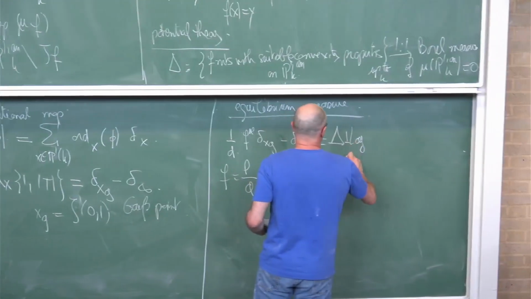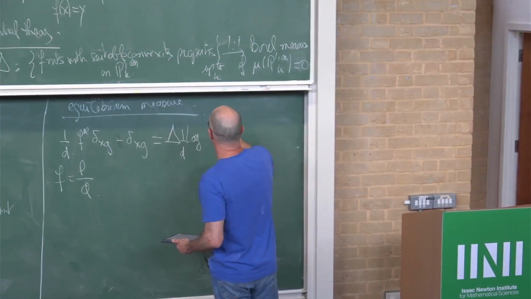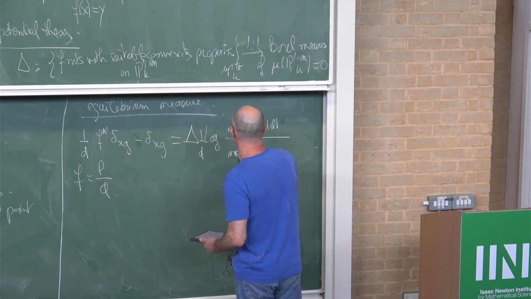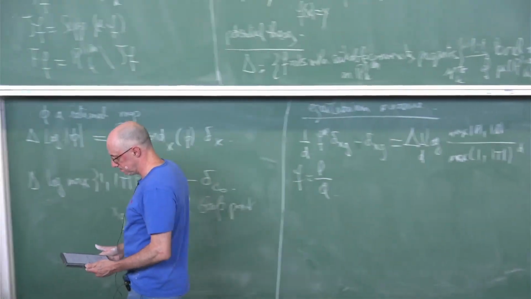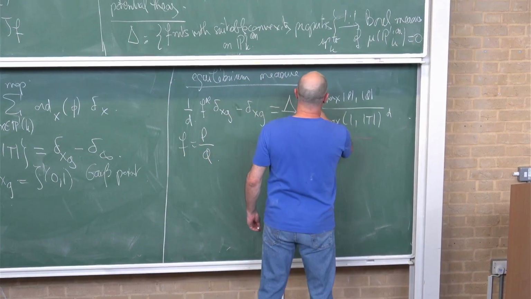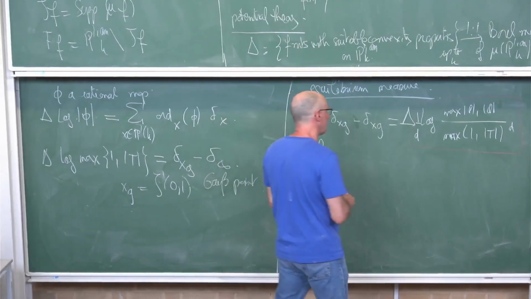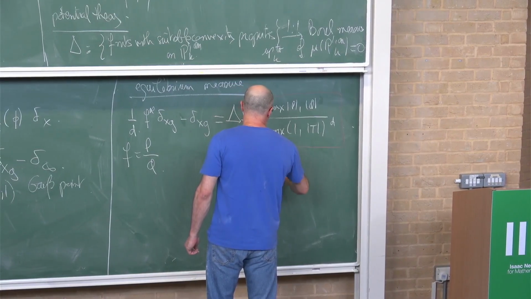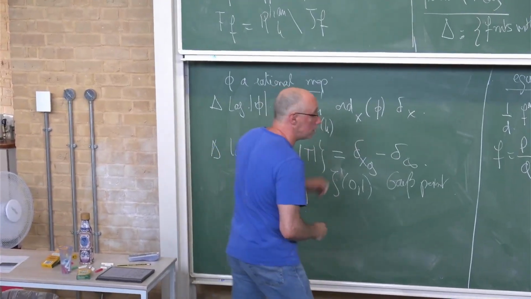And so this is kind of an explicit computation. It's the Laplacian of 1 over d times the log of max of the norm of p, norm of q, divided by max of 1, t to the power d. So this is a function here. Let me call it G, which can be checked to be continuous.